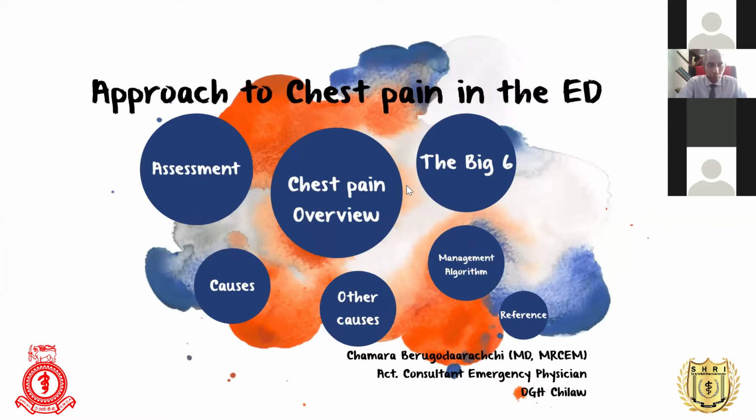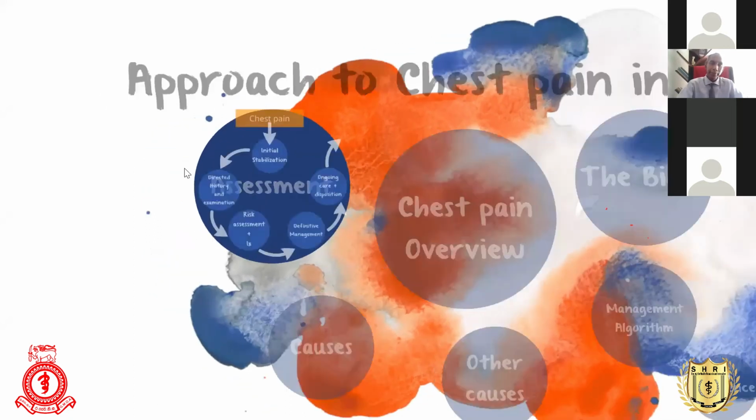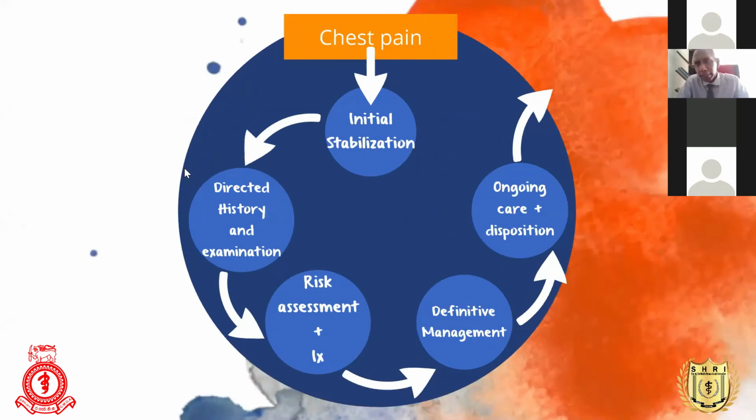Okay, now we are going to the assessment part. If you want one take-home message from this lecture, keep this circle in your mind. This is the most important thing in my lecture: the assessment of a patient with chest pain. Since you have already had a couple of emergency medicine related lectures, you might have heard about the approach to a critically ill patient or the emergency department patient.